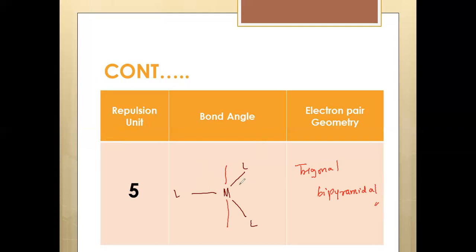And simply you can say this is 120 degrees, and the other two are perpendicular to this trigonal planar. That's why we call this the trigonal bipyramidal shape. Yes, we can see the actual diagram.